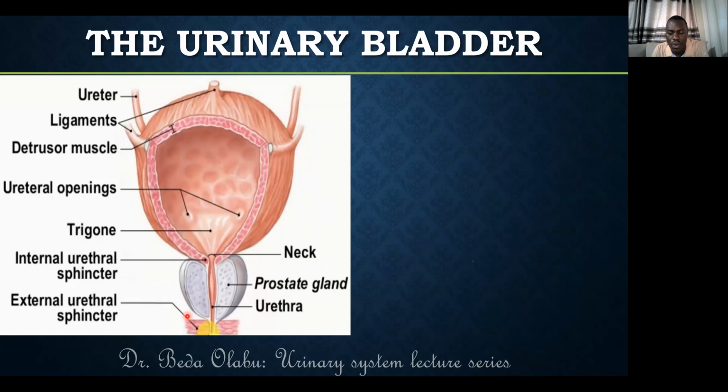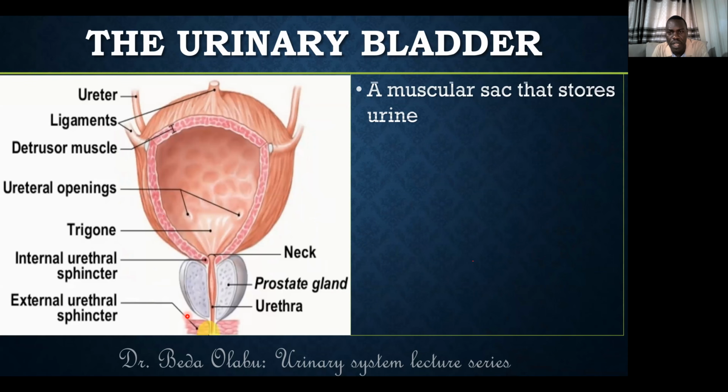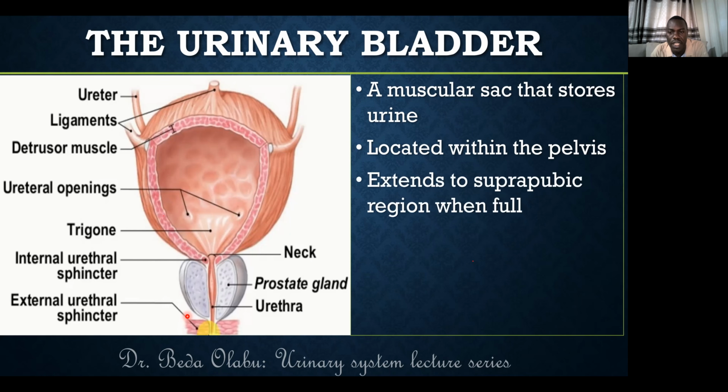Let's say something more about the urinary bladder. We know that it is a muscular sac that stores urine. Usually, when the urinary bladder is empty, it will be in the pelvis, but when it is full, it can extend into the lower parts of the abdominal cavity, specifically in the hypogastrium, or what we call the suprapubic region.